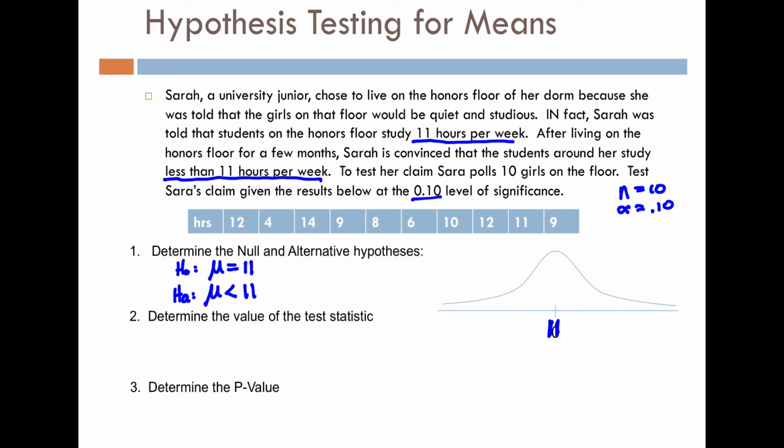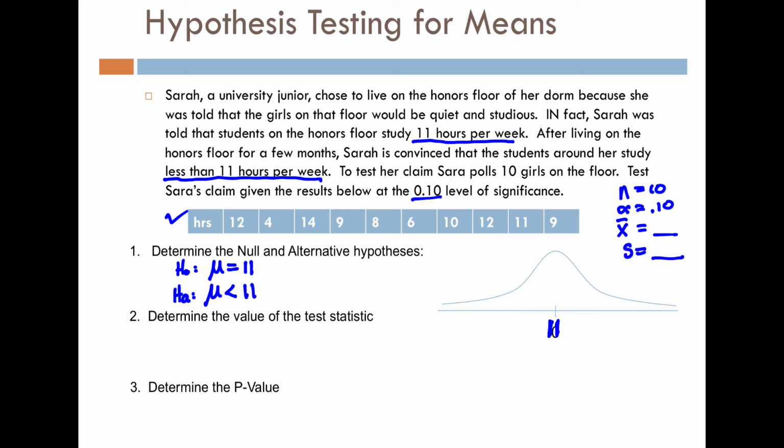Now, we need to figure out what our sample said. And all we're given is the underlying data. So what we need to do is to put this data into our calculators to figure out the two numbers we need. We need the mean of this data set. So what was the average number of hours according to her sample? And we are not given a standard deviation.